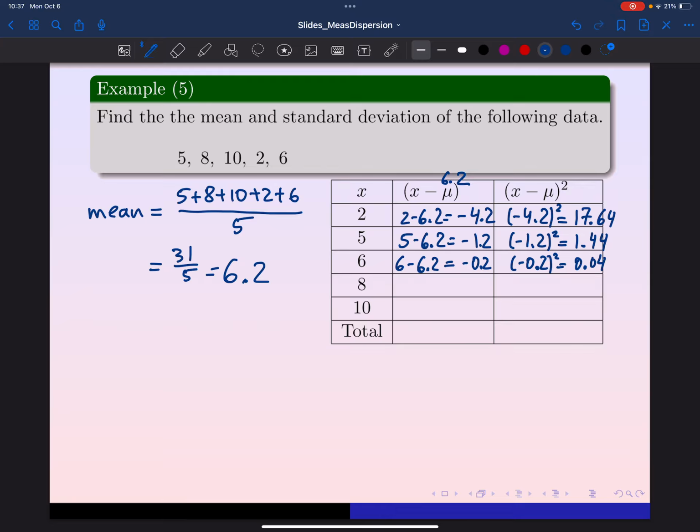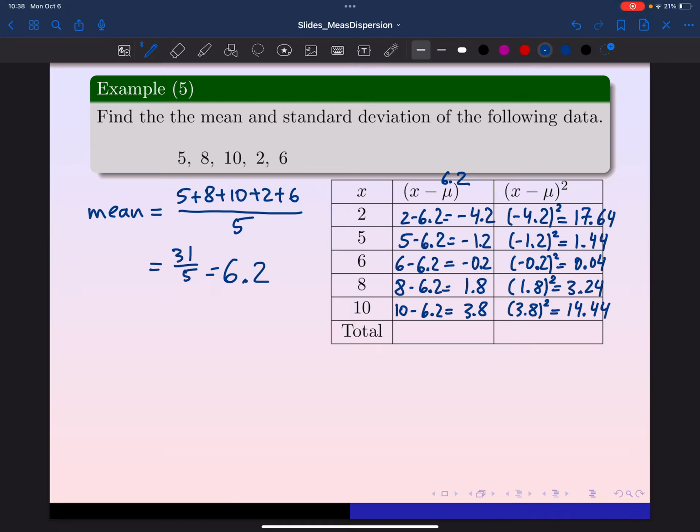Then we have 8 minus 6.2. This gives me 1.8. 1.8 squared gives me 3.24. And then we have 10 minus 6.2, so this is 3.8. 3.8 squared gives me 14.44.